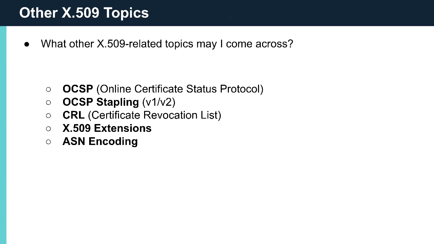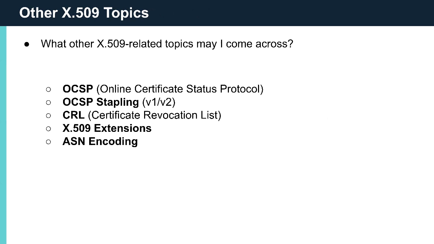So there's some other X509 related topics you might come across. OCSP is Online Certificate Status Protocol. OCSP stapling is a version of that which includes the OCSP result along with the certificate. And there's two versions of that, 1 and 2. CRL is a certificate revocation list, which is a file of revoked certificates for a specific CA.